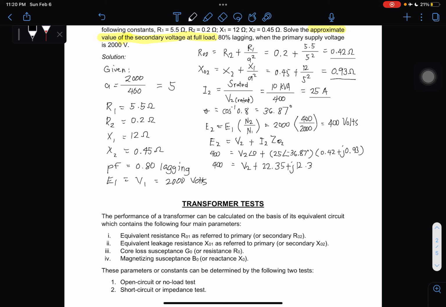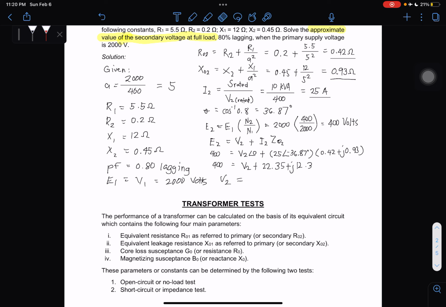To solve for our V2, we can use the Pythagorean theorem.